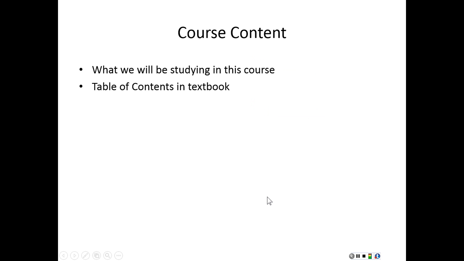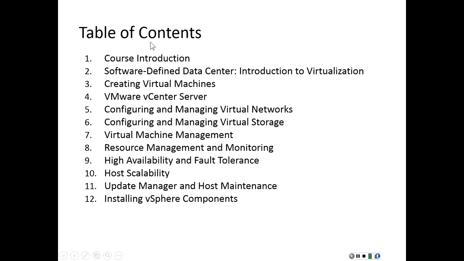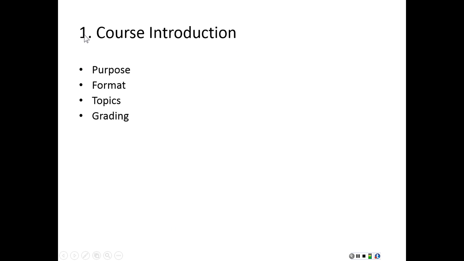Now let's discuss the course content, what we will be covering in this course. If you go to the table of contents in our online textbook, you will see that there are 12 chapters. Let's briefly look at each chapter. Chapter 1 is where we are now, course introduction.